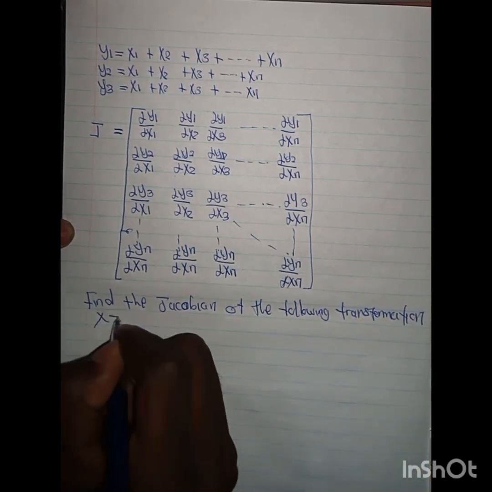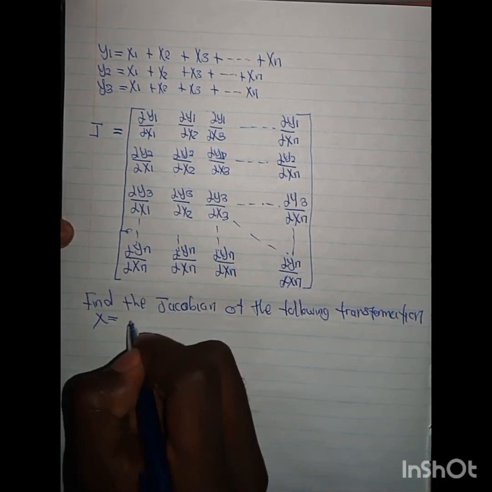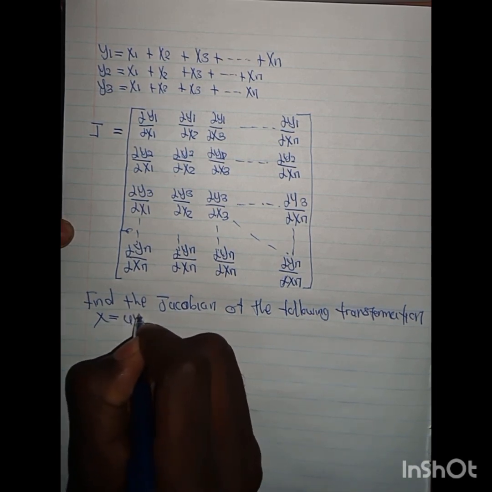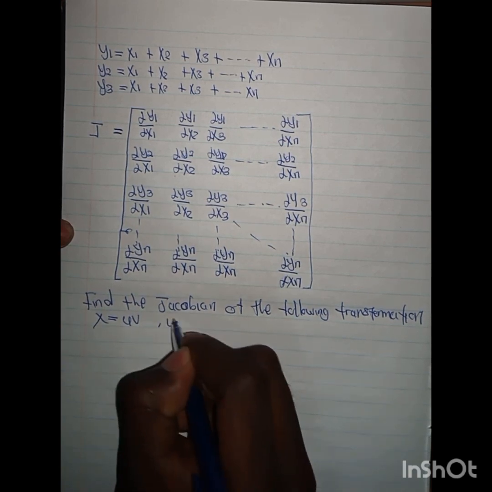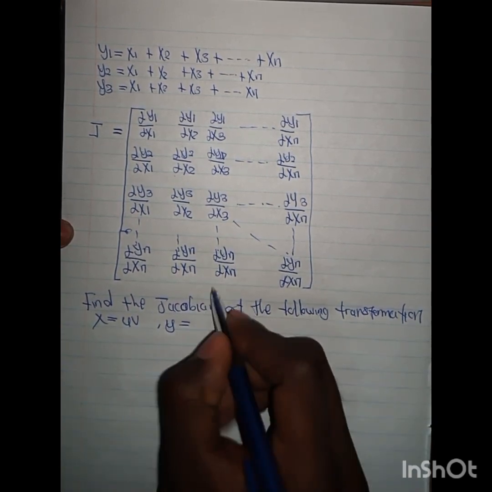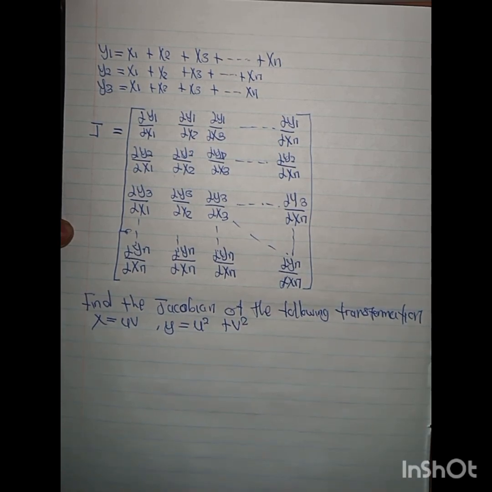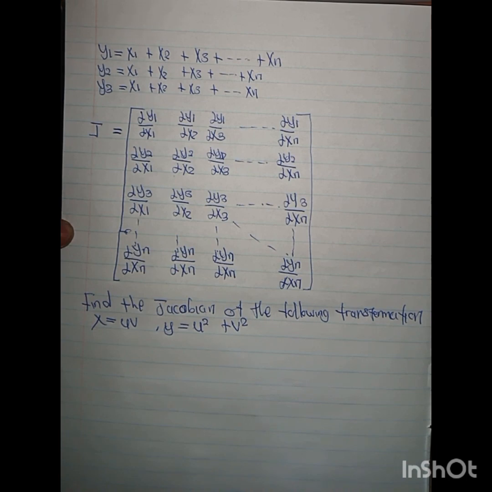We are given that x is nothing but uv, and y is given by u squared plus v squared. We want to represent this information in the form of a Jacobian matrix.